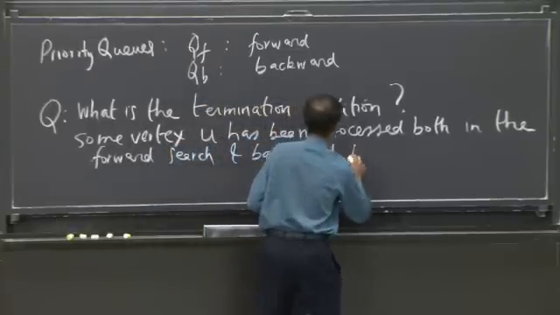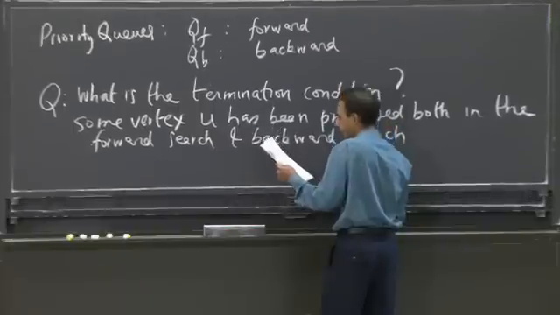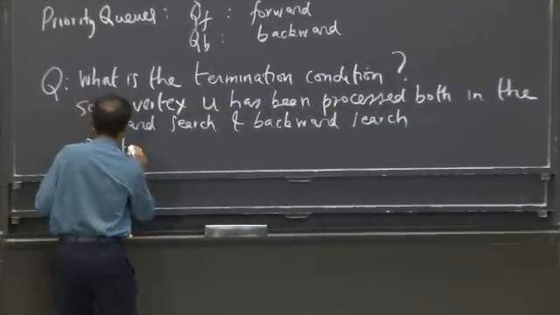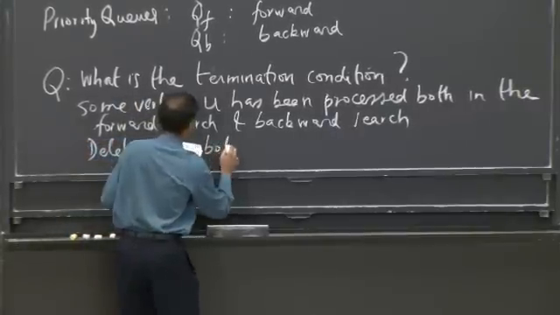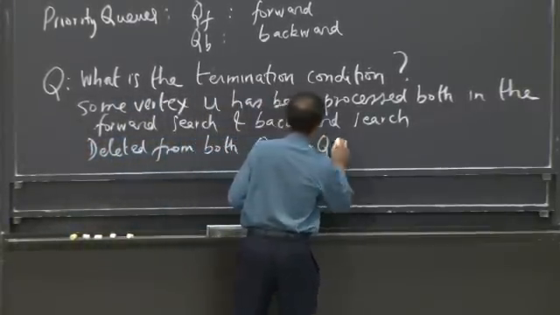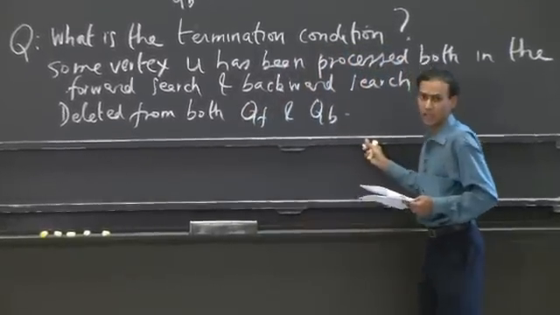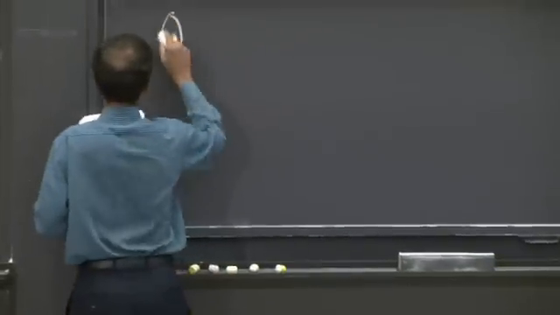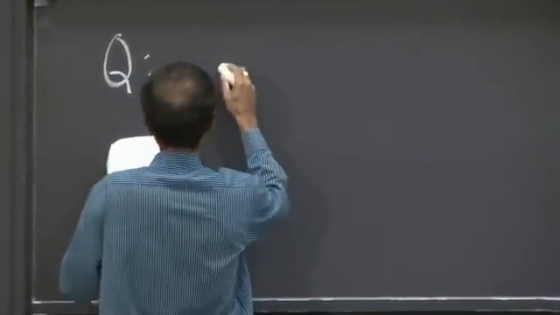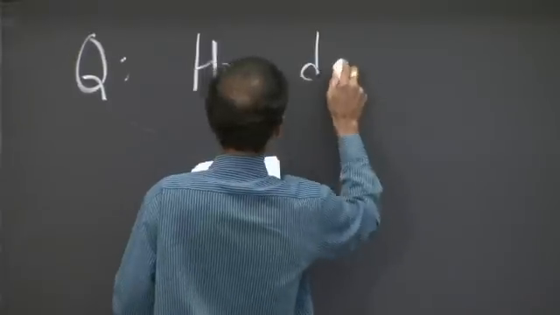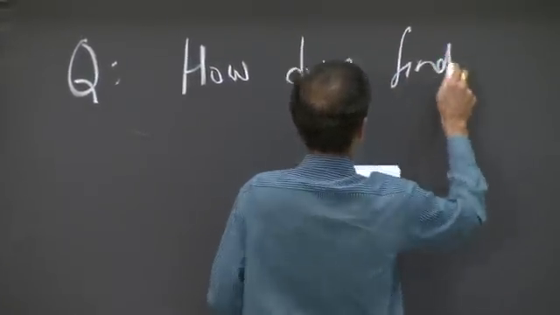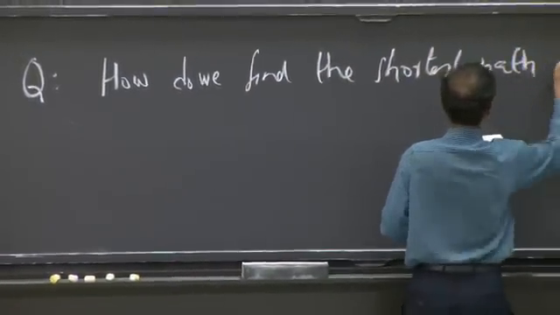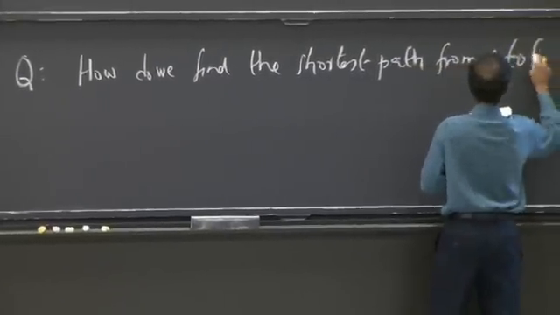Okay, that corresponds to the frontiers meeting, but specifically, it's been deleted or extracted from both QF and QB. All right, so that's actually the easier question. There's a harder question, which is how do we find the shortest path after termination from S to T?